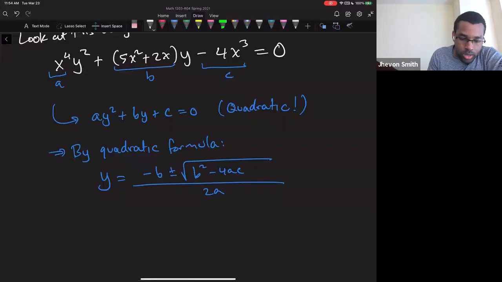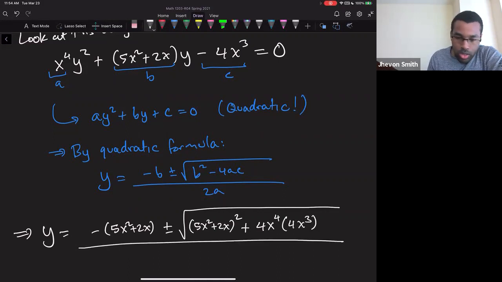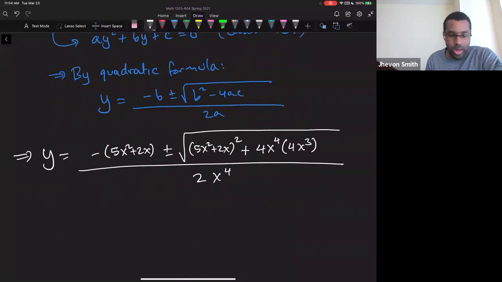In other words, I could solve for y here, and it would be minus b plus or minus the square root of b squared minus 4 times a times, that may now become a plus, times c, all over 2 times a.